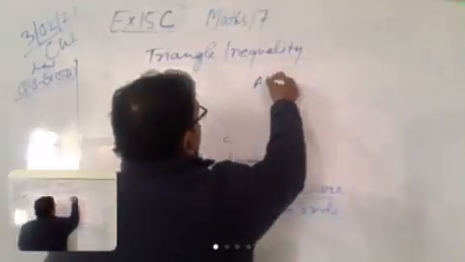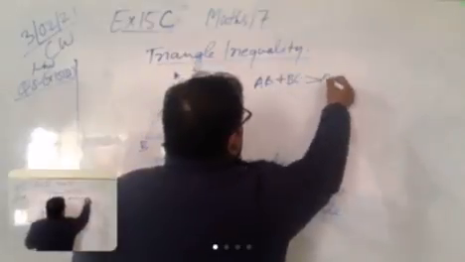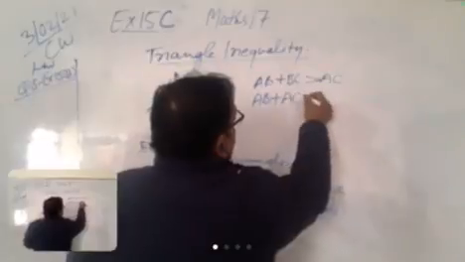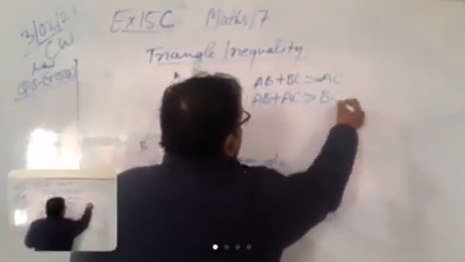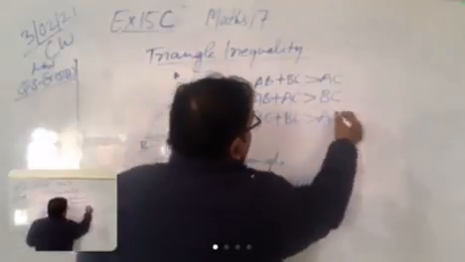Means AB plus BC is greater than AC. AB plus AC is greater than BC. AC plus BC is greater than AB.